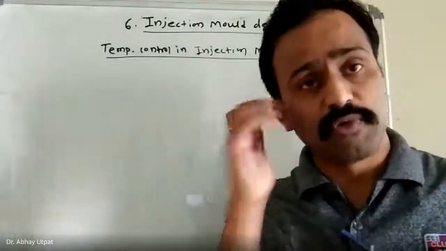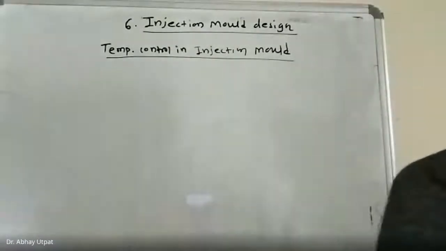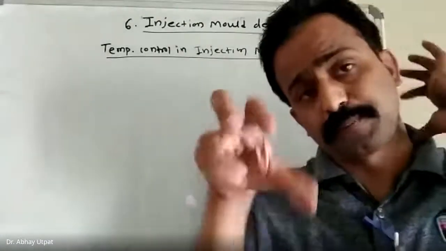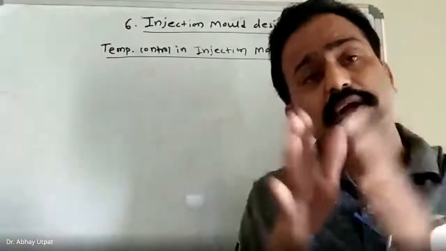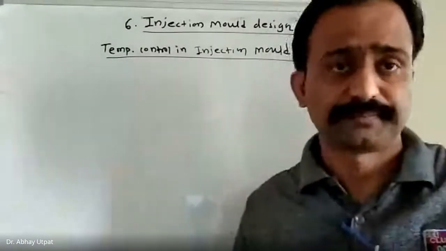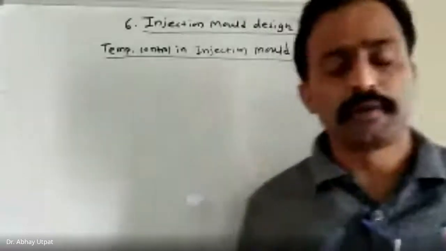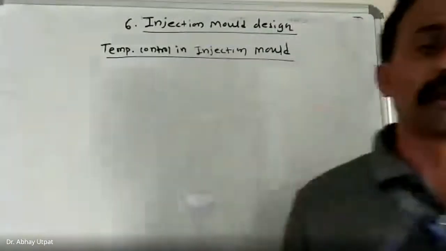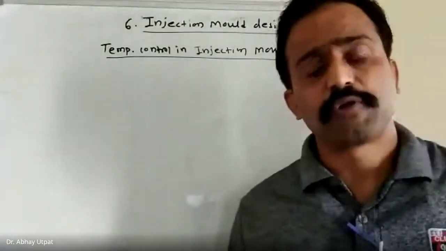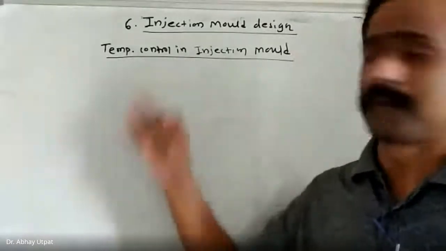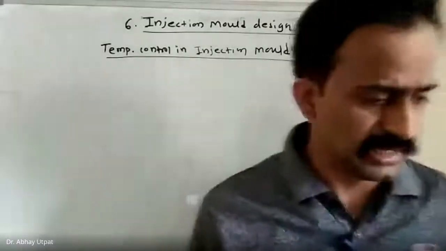You have to circulate water more so that the mold absorbs the heat. It takes more time to extract heat from the center of the plastic part to the surface. That's why the higher the wall thickness of the product, the more time is required for cooling. This is a small bit, maybe asked for 3 marks. Just write 2-3 lines regarding it.